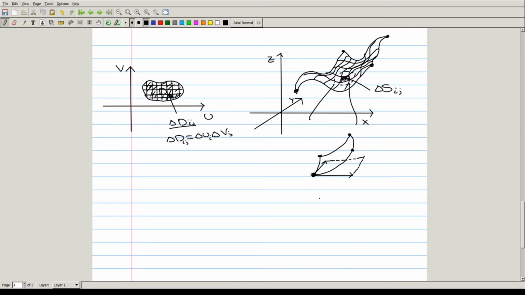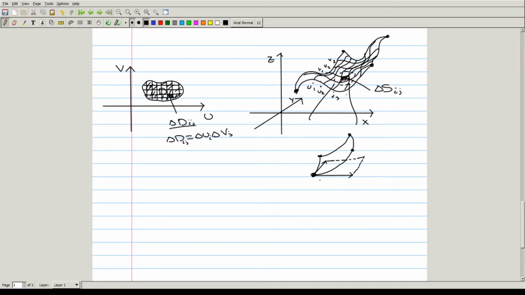And this is going to be the key, because we mentioned before that if I fix values of u and fix values of v, I get a curve. These curves right here correspond to fixed values of u: u1, u2, u3, and these curves right here correspond to fixed values of v: v1, v2, v3.